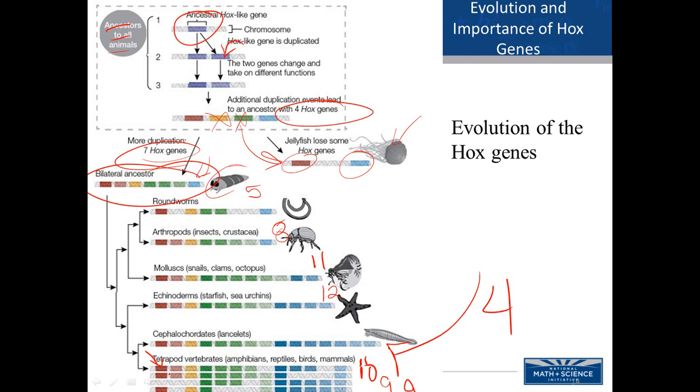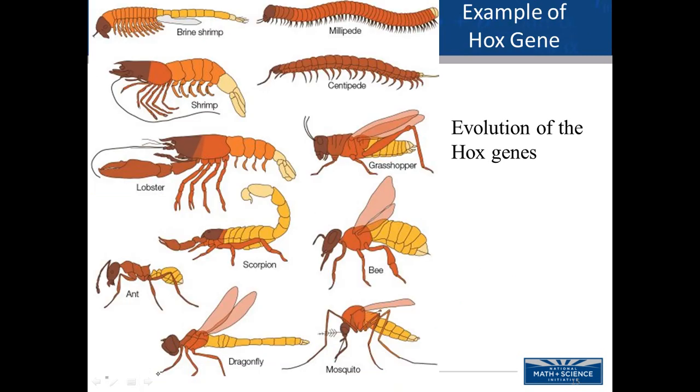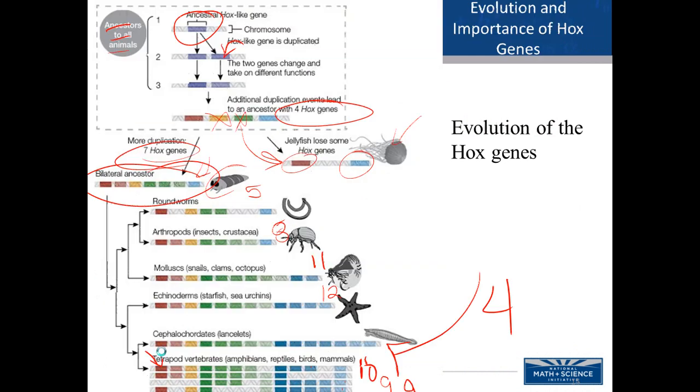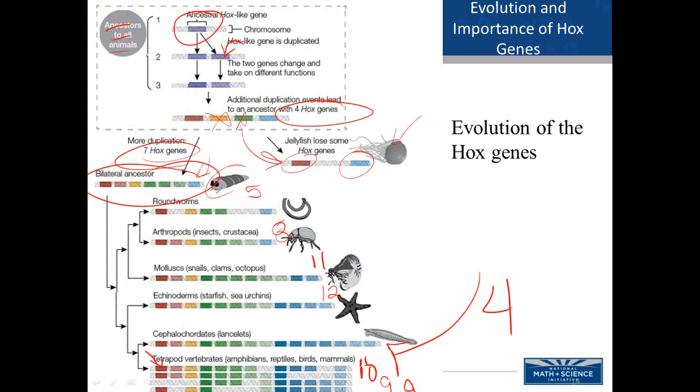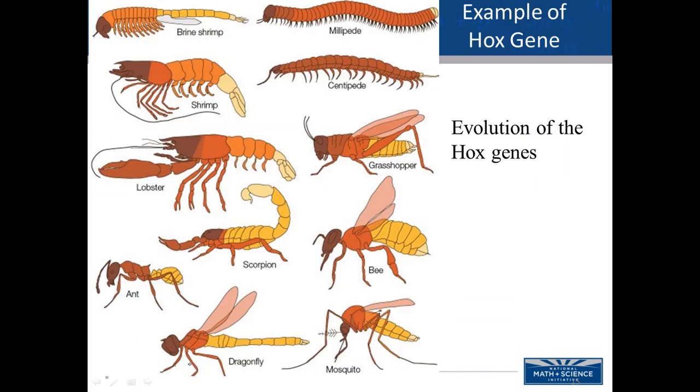And what they've also found out is that if this particular Hox gene right here controls a structure on the head, then these two also, let's go back, these two also, these two also control structures in the head.